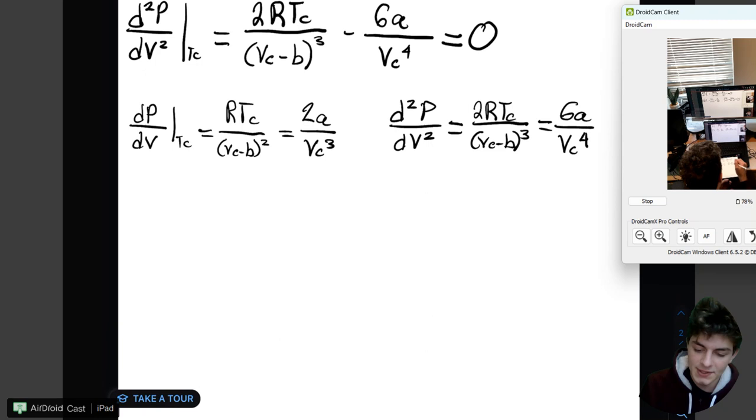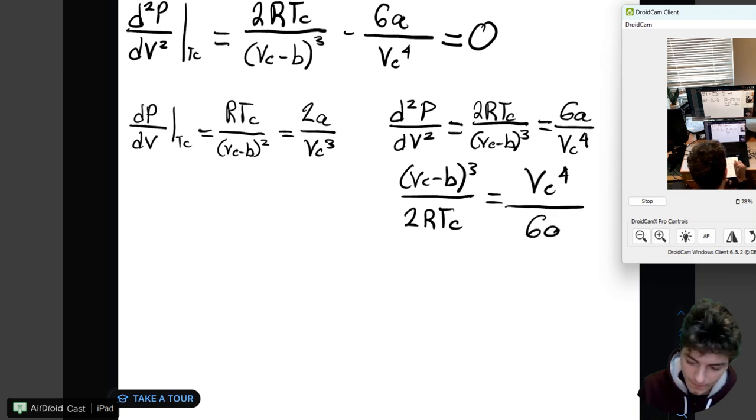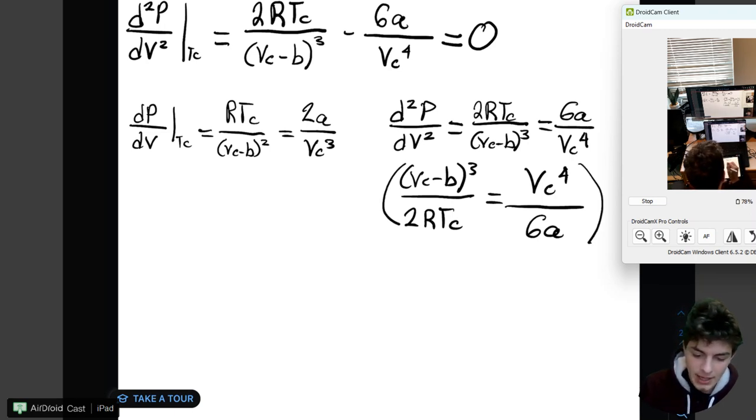Take the inverse of the second derivative equation, and then multiply that by our first equation here.